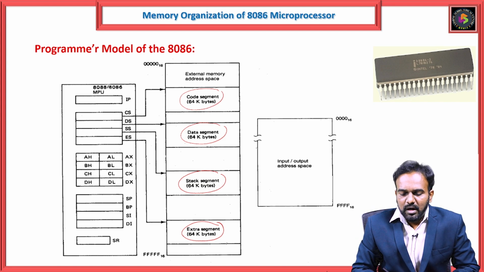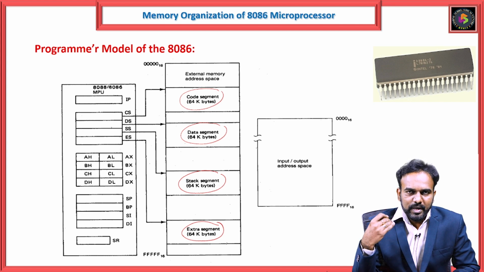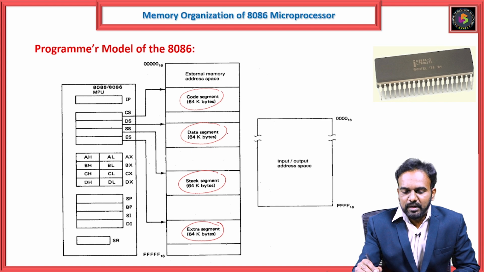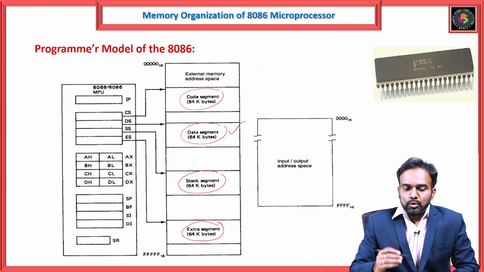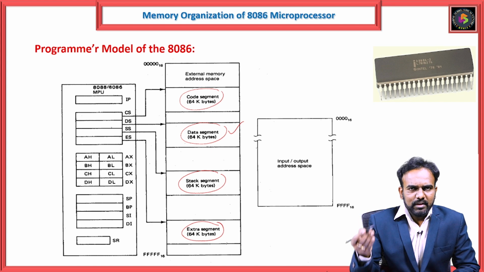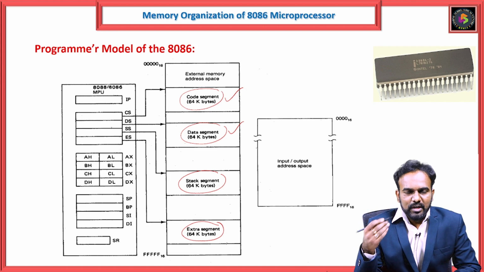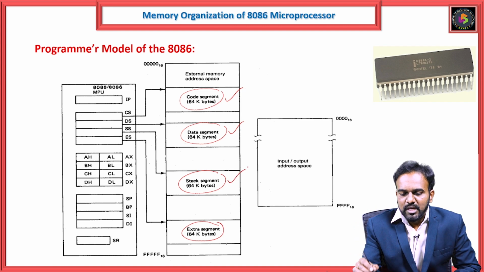To store all the data related things while we are operating with the 8086, we use the segment called the data segment. To store the code related things, like our opcodes, we use the code segment. To store our stack related temporary data, temporary operations and temporary values, we use the 64 KB stack segment.